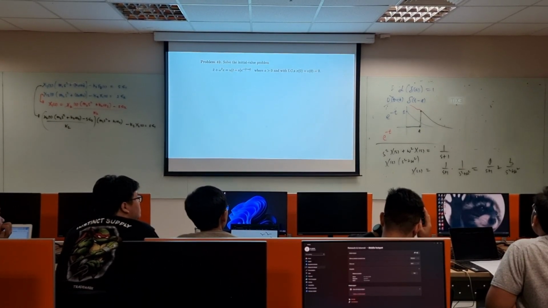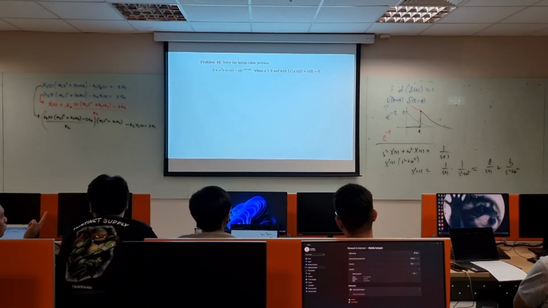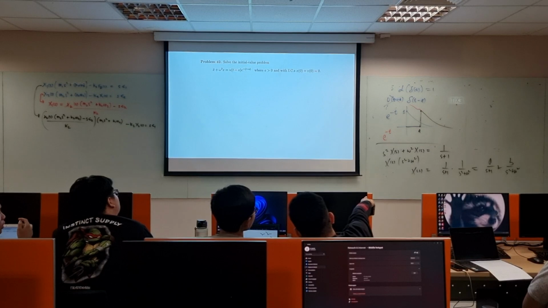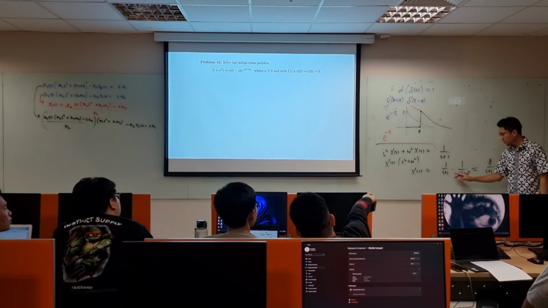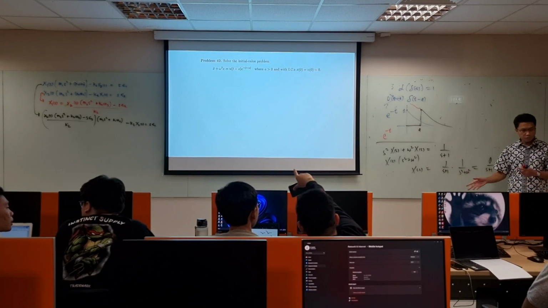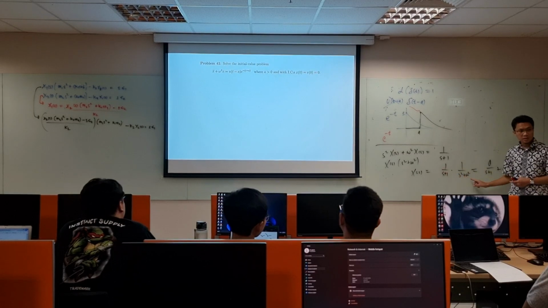Combine it into one big fraction: 1 over (s plus 1) times (s square plus omega square). If you have the Laplace transform in this format, you can just convert it already.